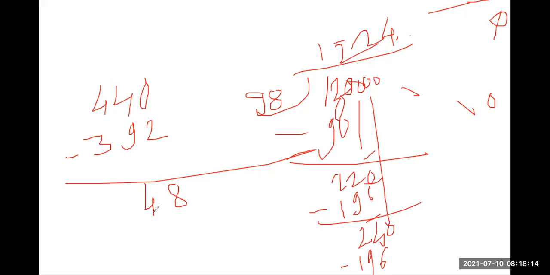Am I solving correct or wrong? Yes, sir, correct. Fours, how much will be there? 392. Then take it, 480. Then 98 fives, how much you will get?